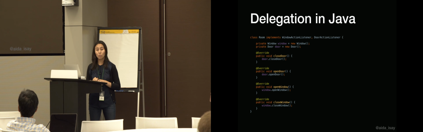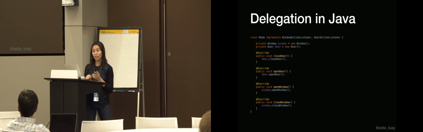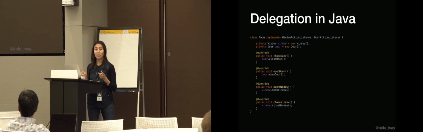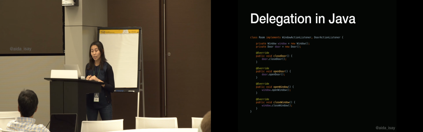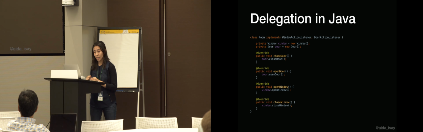Then you would create a room class that implements both interfaces, and upon overriding the methods, for instance the close door method, you would forward this method to your door class, saying door.closeDoor. As you see, window class and door class are like helper methods, we call them delegates, in your room class. So you would do the same for other methods from your interfaces.